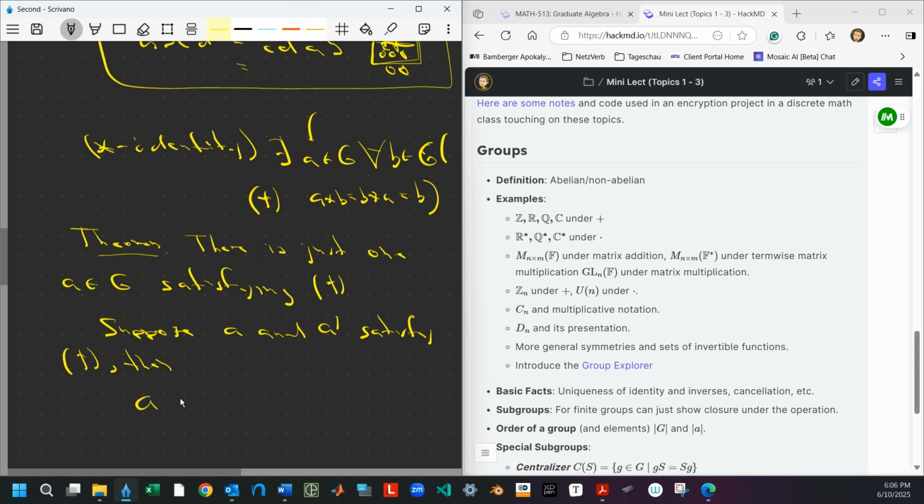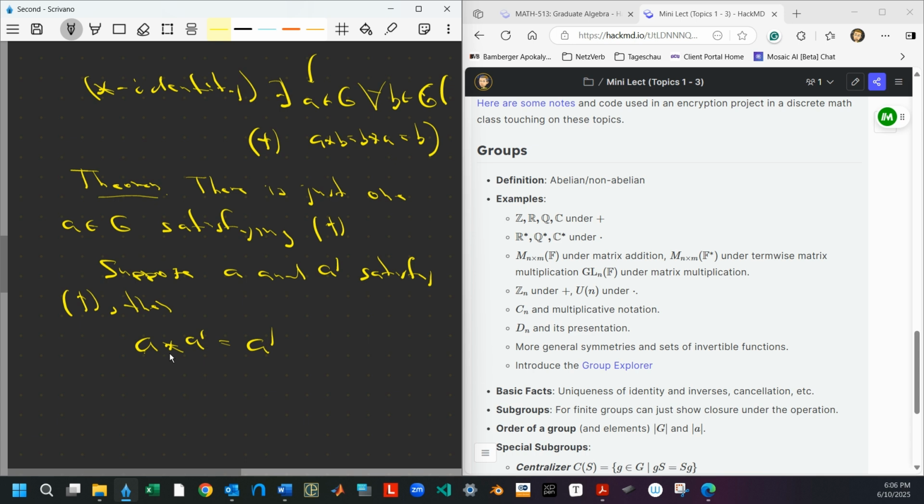So I would know in particular that A star A prime, thinking of A as satisfying dagger, would be equal to A prime. On the other hand, A star A prime, thinking of A prime as being the thing satisfying dagger, would be equal to A. So A prime is the identity, so A times A prime is A. Here I'm assuming A is the identity, so A times A prime is A prime, but then we have A equals A prime.